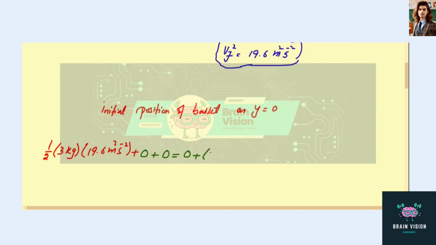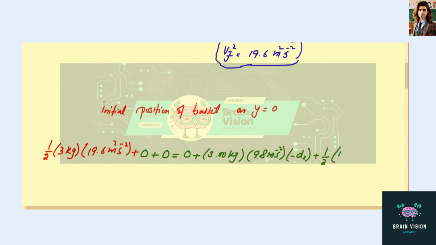M is the mass of the brick, which is 3.00 kilogram. G is 9.8 meter per second square, and here the height is let's say minus d2, plus the elastic potential energy in the spring, which is half k x square.